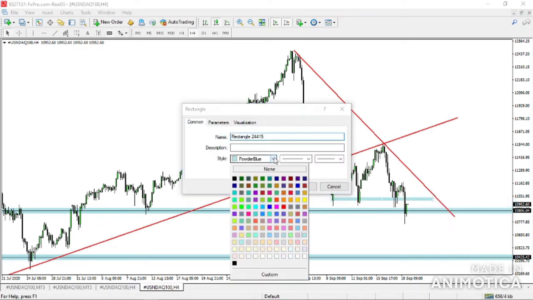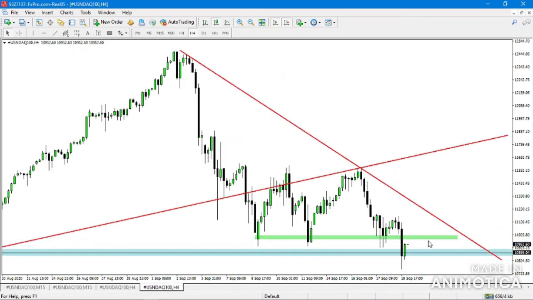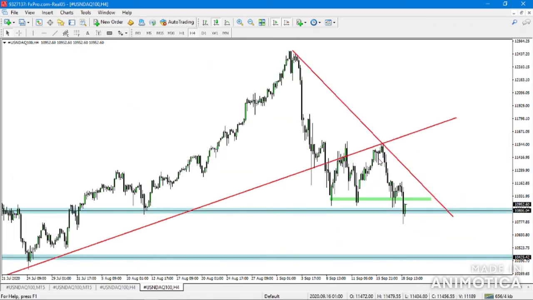Just change this color, let's make it lime green. Yeah, so we also do have that structure right here that NAS has broke. You can see here the strong candle, that's a break of that structure right there.